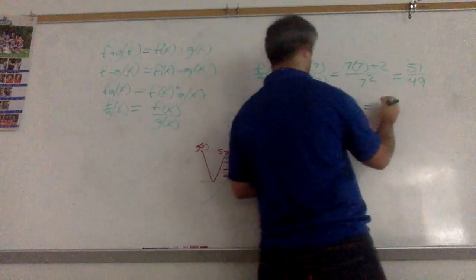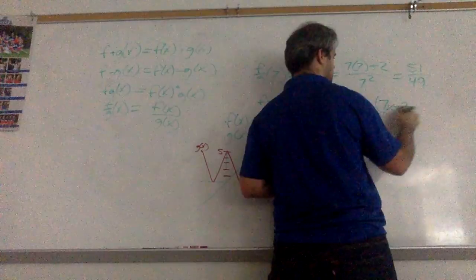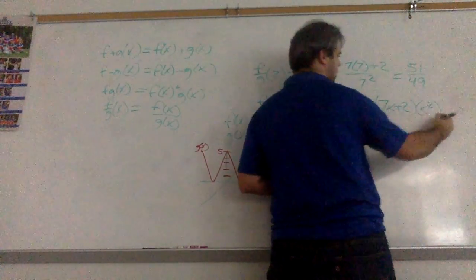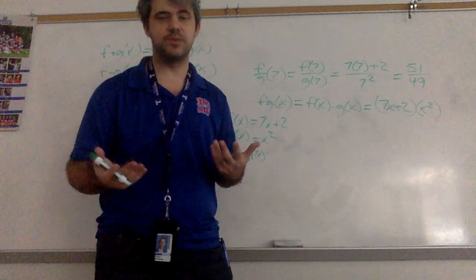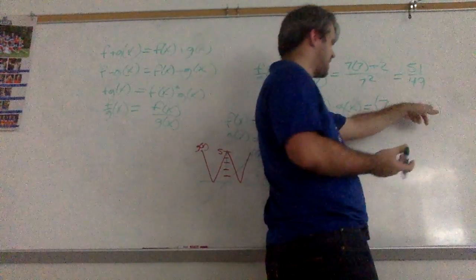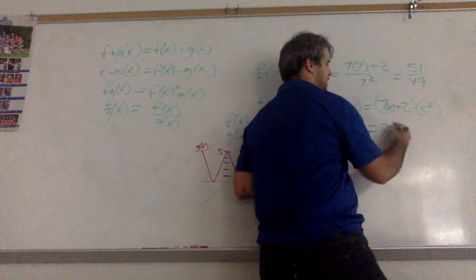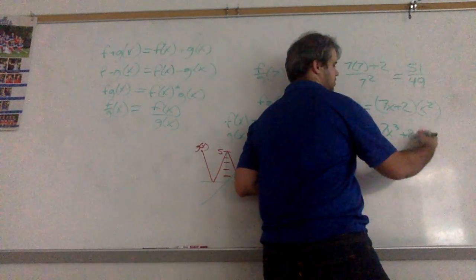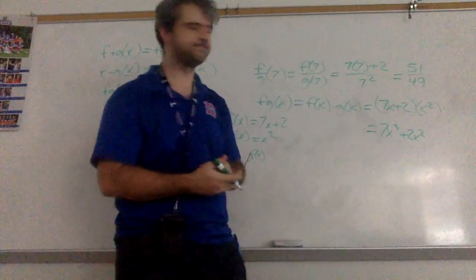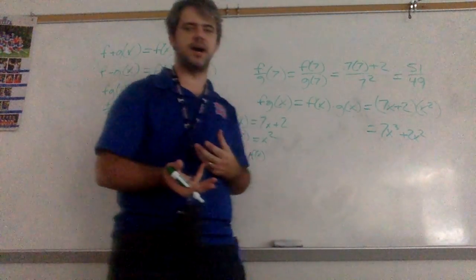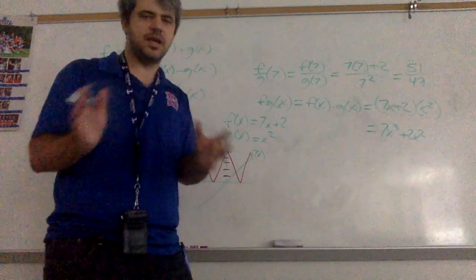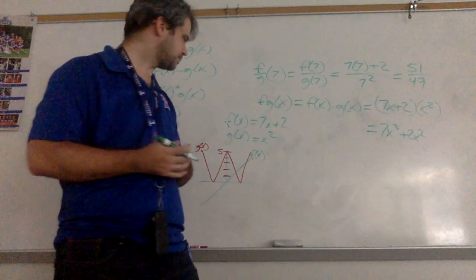So that's going to be 7x plus 2 times x squared. Your software won't allow you to leave it as that. You got to distribute this x squared. So 7x to the third plus 2x squared. All right. So that is how you could do it if it just left it as a variable.